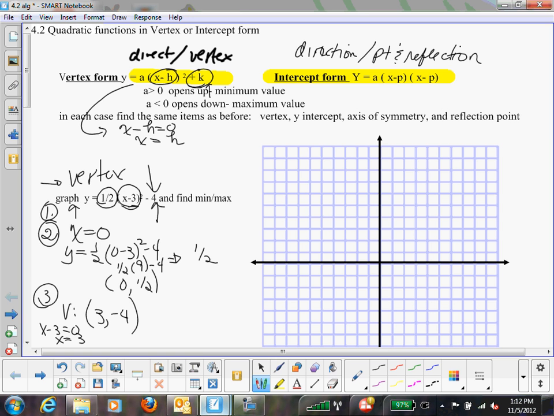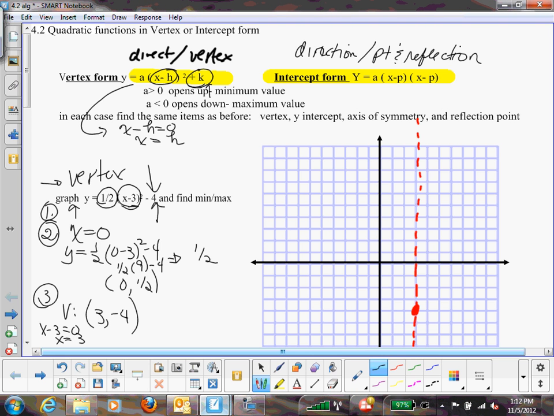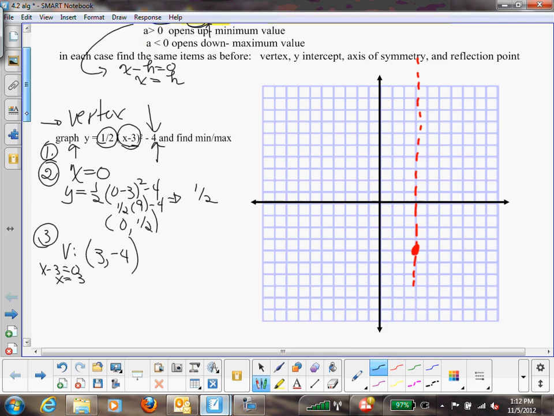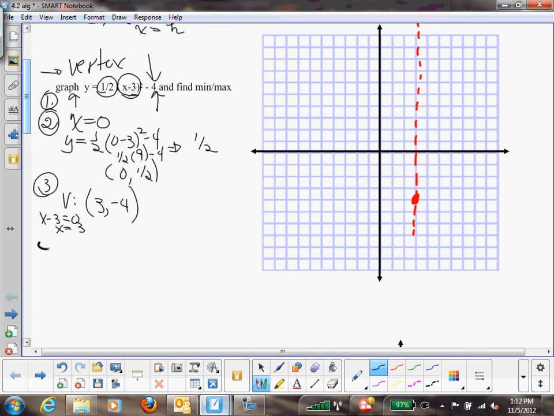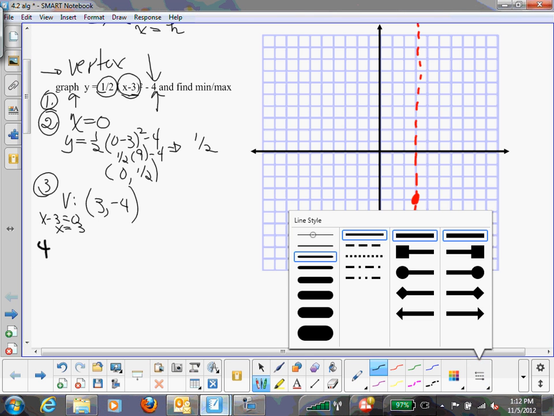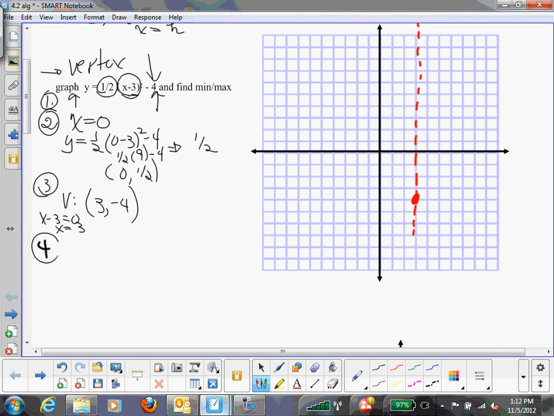Does that make sense? Okay, so we're going to get our red pen out, and we're going to hit 1, 2, 3, 1, 2, 3, 4. And we're going to put our axis of symmetry through that point. Because step 4 is going to be what? Axis of symmetry, right?